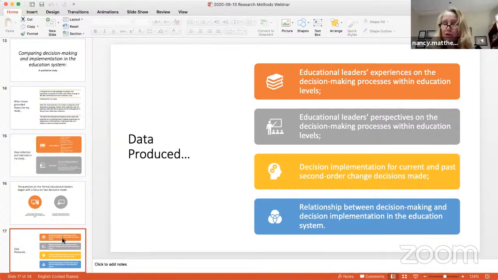So the data produced from that produced educational leaders' experiences on decision-making processes within education levels, educational leaders' perspectives, and decision implementation for current and past second-order change decisions, and the relationship between decision-making and decision implementation in the education system.